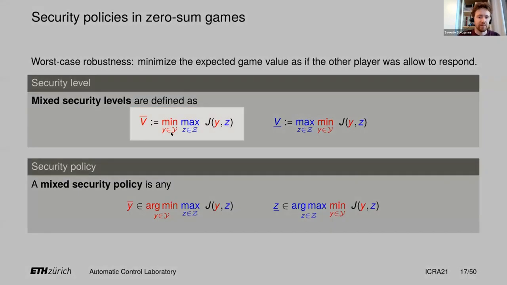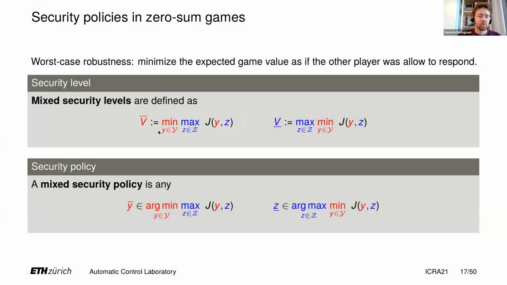This is the best minimum of the cost function J of y, z when player 2 is allowed to maximize after player 1 has made this decision. So this is the min of the max. It seems very conservative. This is what player 1 can do if it can only announce its strategy and then player 2 responds, and they get the outcome.